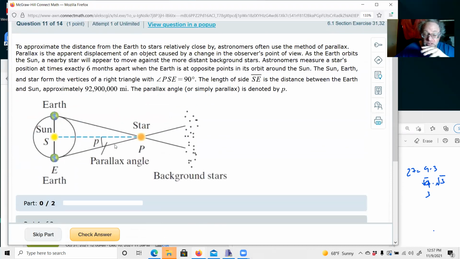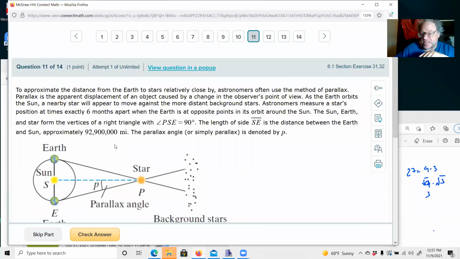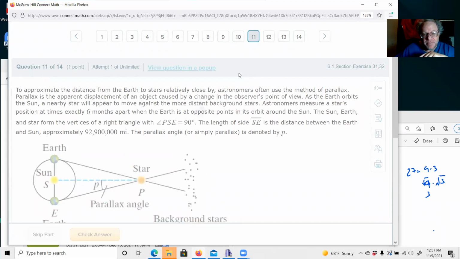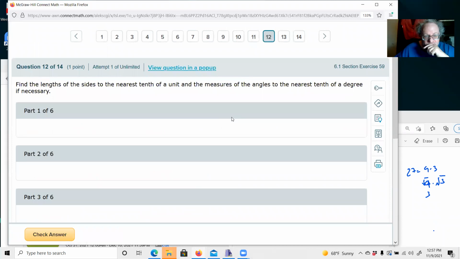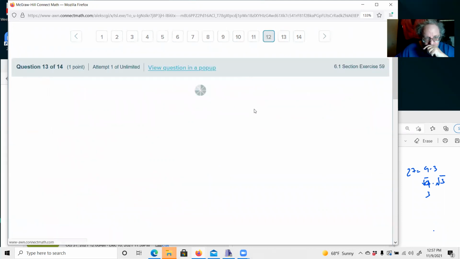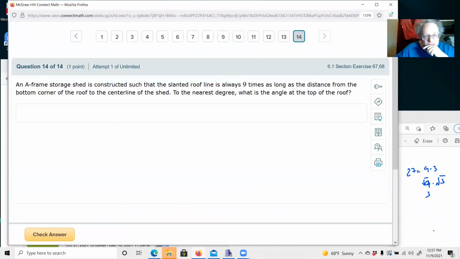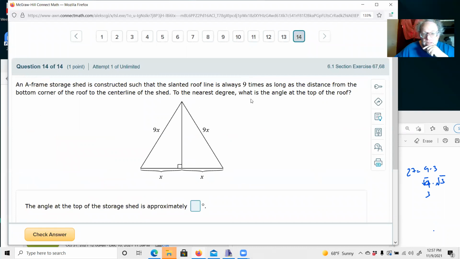This one is a nice problem, but this struck me as a little too much to digest for one problem. So I would not pick number 11, because there's a lot to it. This one didn't look too bad. This one looked too easy, actually. And there's another one that looked a little bit easy.